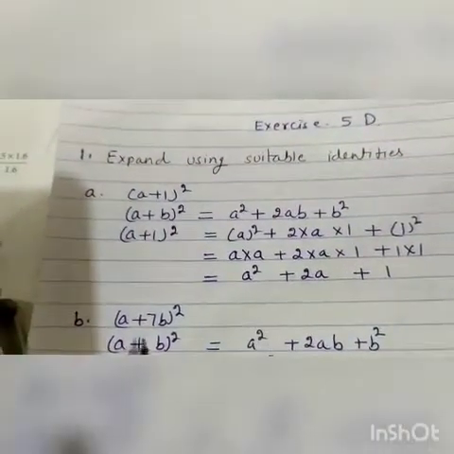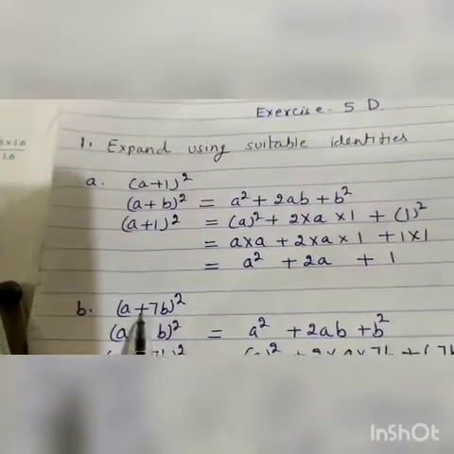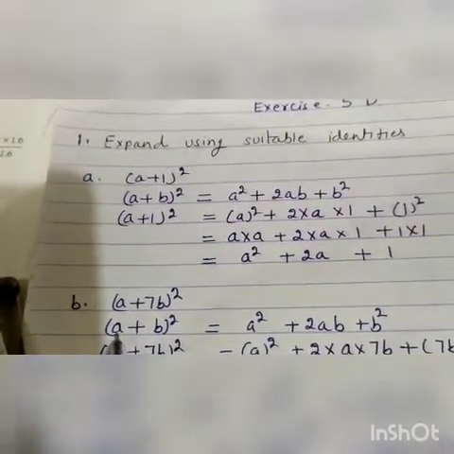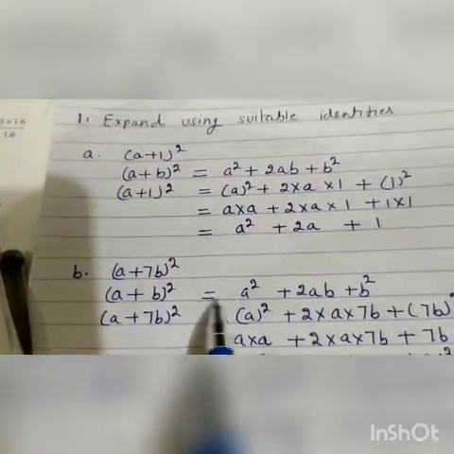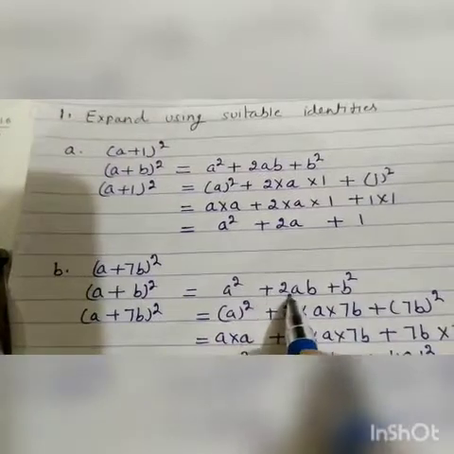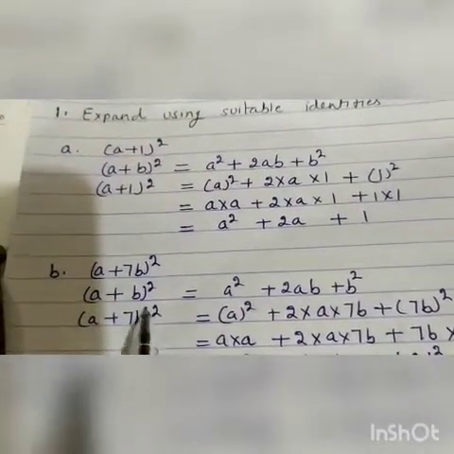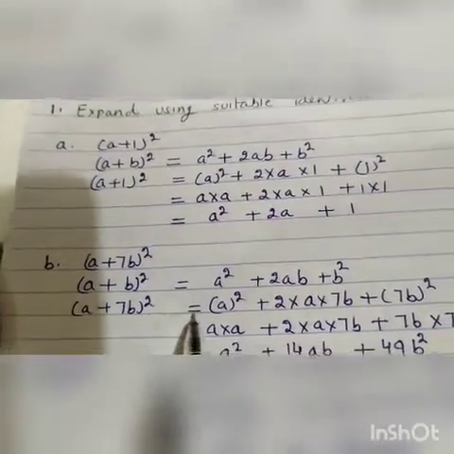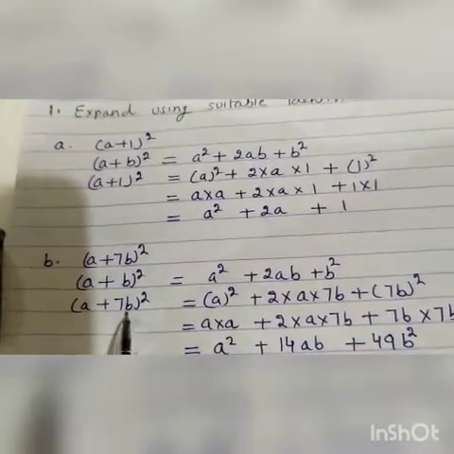Then B part, (a plus 7b) whole square. Again there is positive sign. We will use first identity again. (a plus b) whole square is equal to a square plus 2ab plus b square. So (a plus 7b) whole square is equal, again what is the first term? a. And what is the second term? 7b.